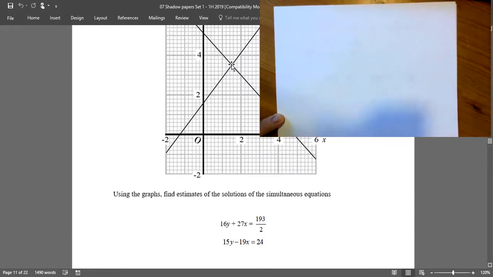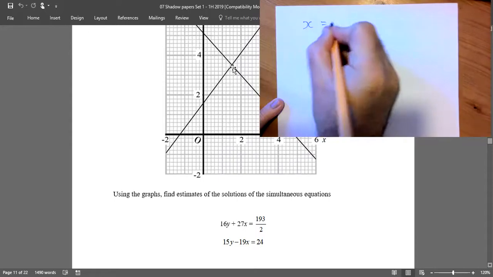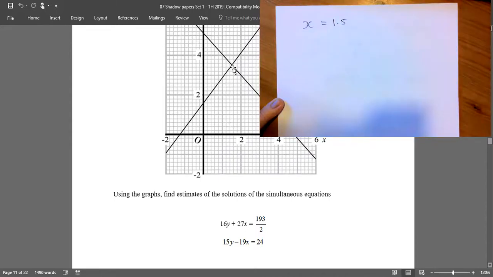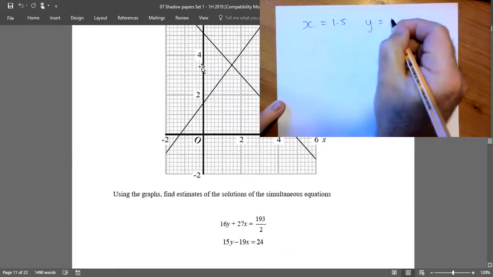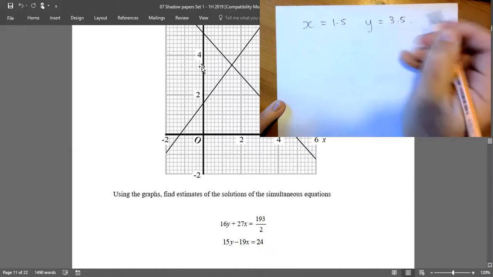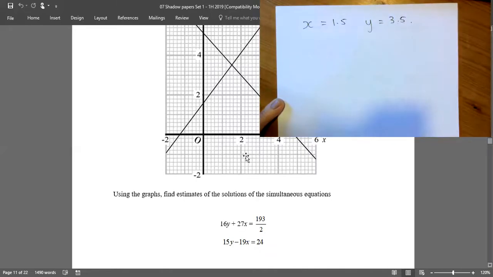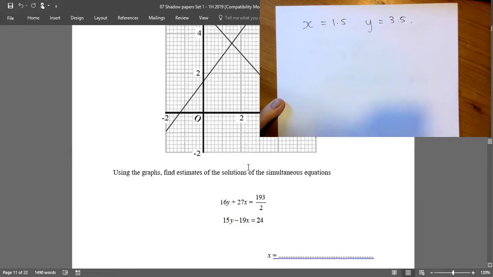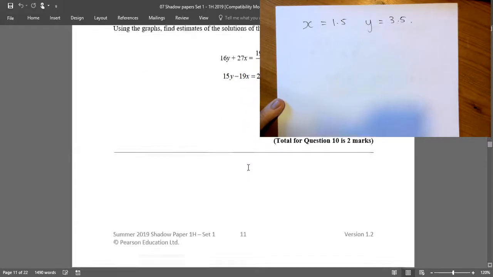When I look to see where they cross, x equals 1.5, and my y coordinate is 3.5. Do not try to solve the simultaneous equations algebraically. Use the graph.